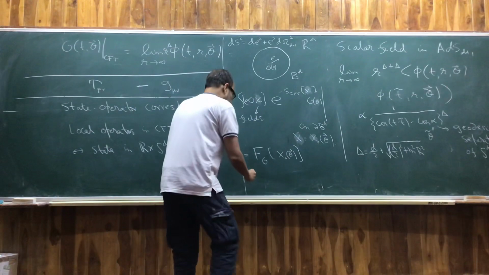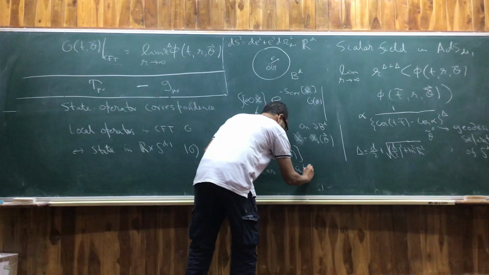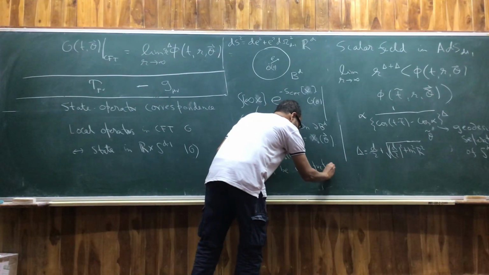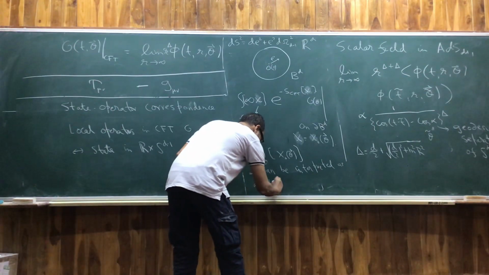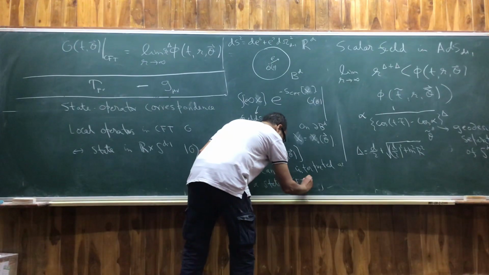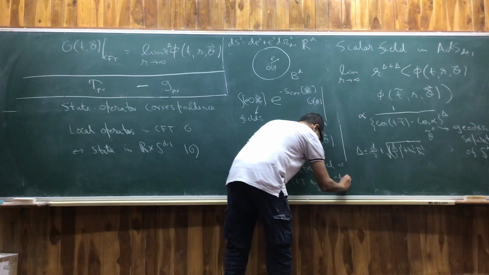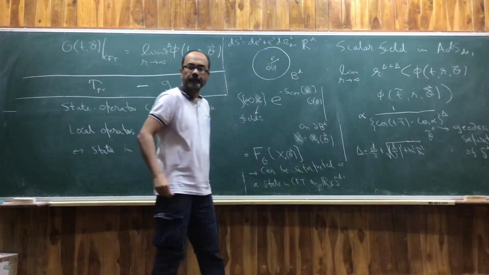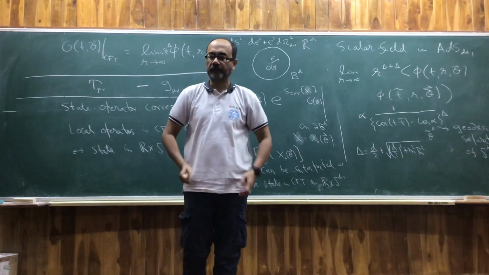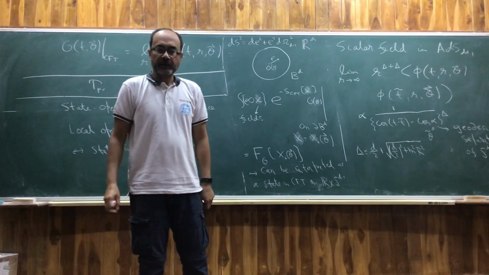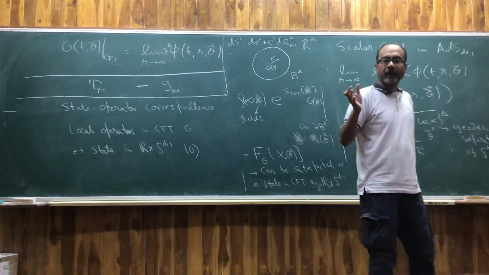But this can be interpreted as a state in CFT on R times S^{d-1}. R is the time coordinate, S^{d-1} is the space part. So let me repeat again. This definition is a way to generate a functional on a unit sphere.